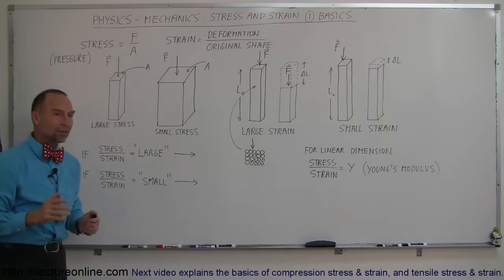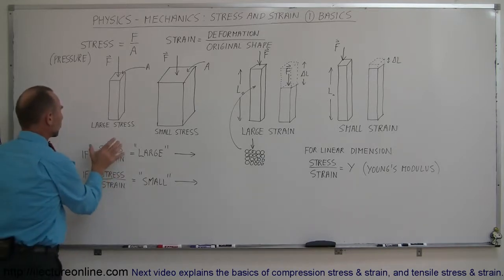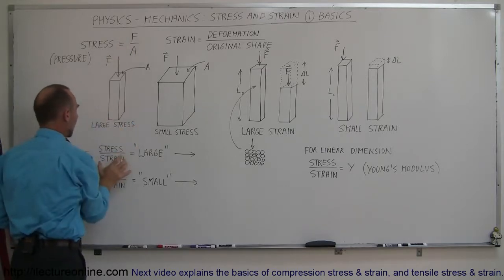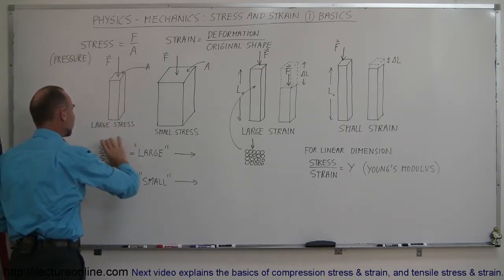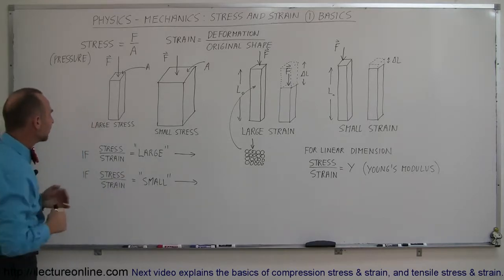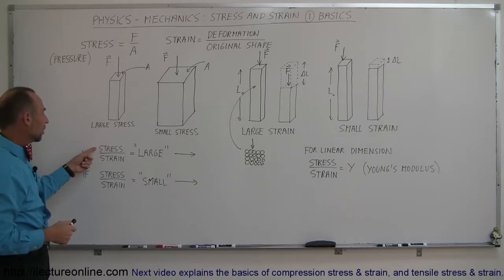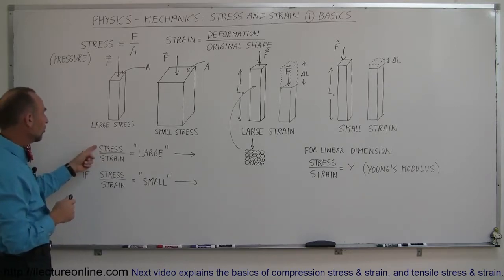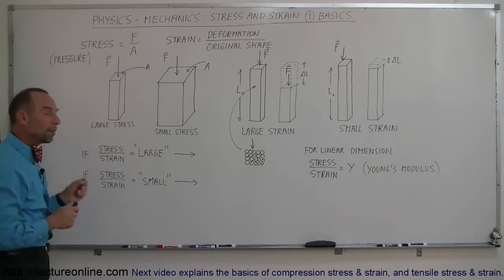Now, if we find the ratio between stress and strain, so we take stress, which is force divided by area, and divide it by the strain, that ratio gives us an indication of what kind of material we're dealing with. For example, let's say we apply a large amount of stress, and there's a small amount of strain.